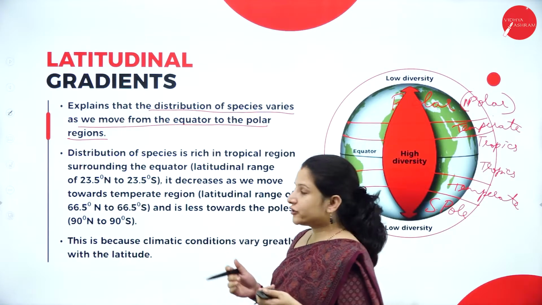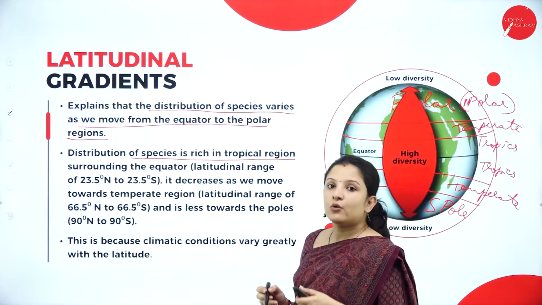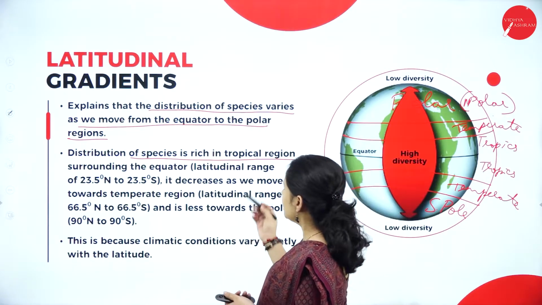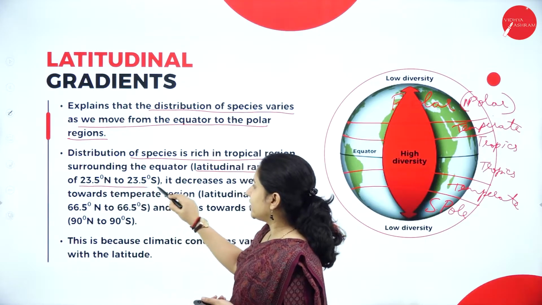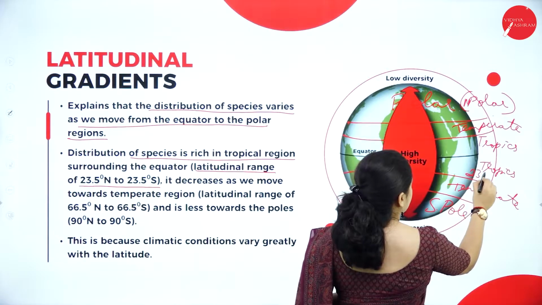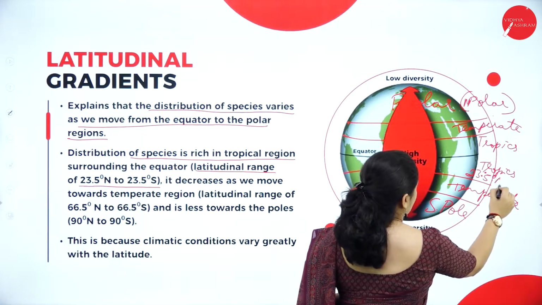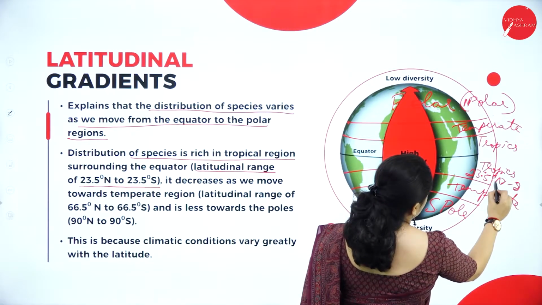So as I told you, the distribution of species is rich in the tropical region, which is surrounding the equator, that has a latitudinal range of 23.5 degree north to 23.5 degree south.